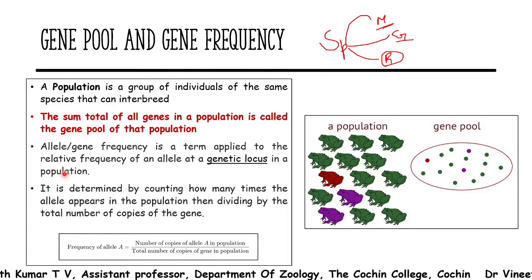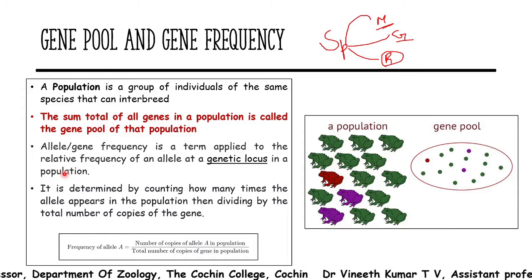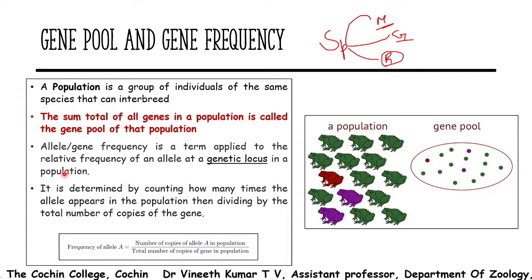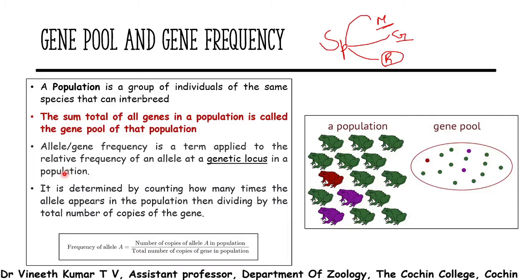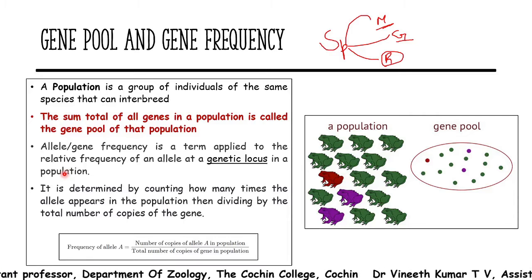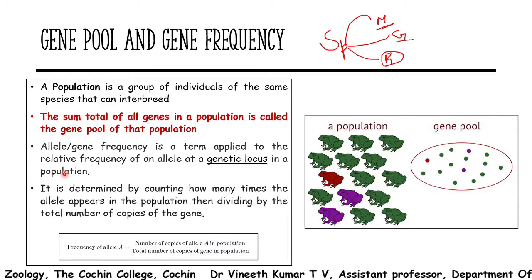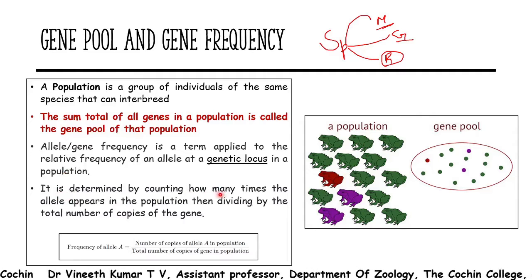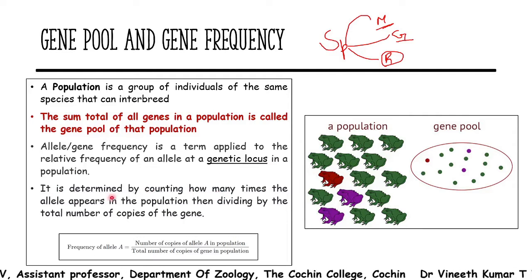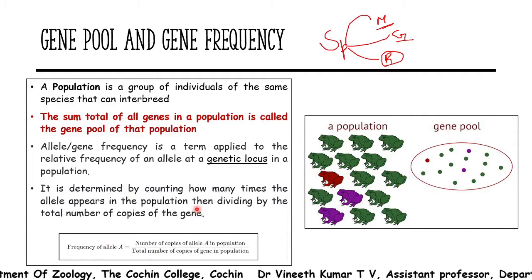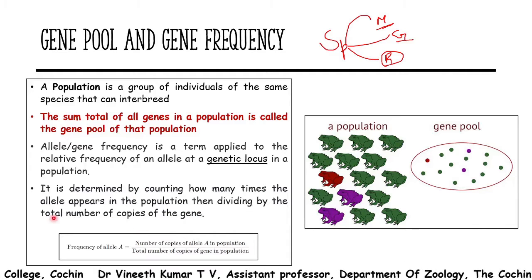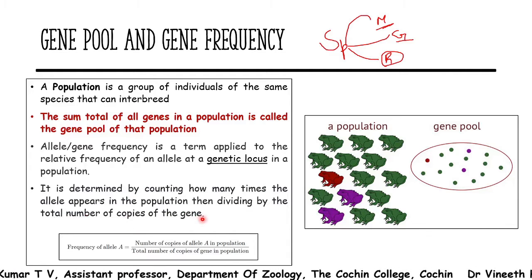The allelic frequency is determined by counting how many times the allele appears in a population and then dividing it by the total number of copies of that particular gene.